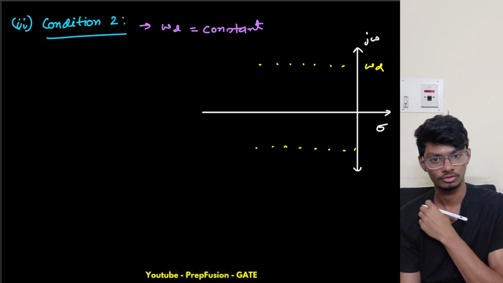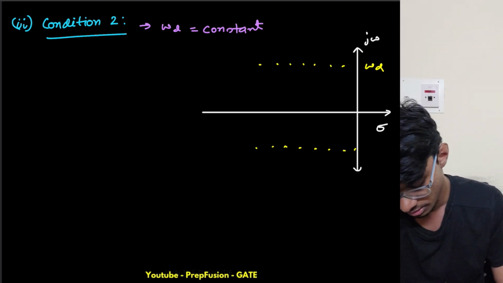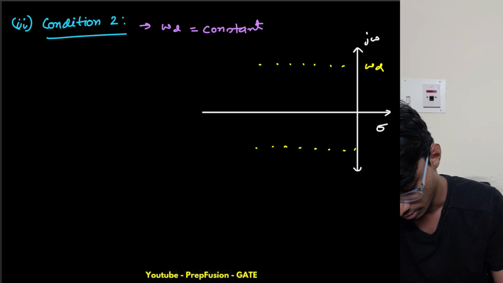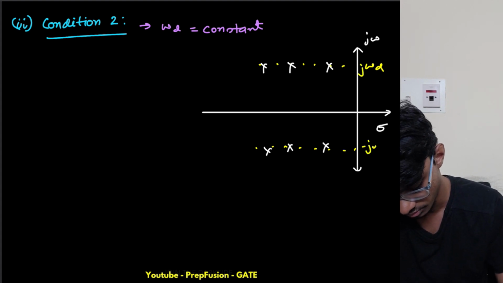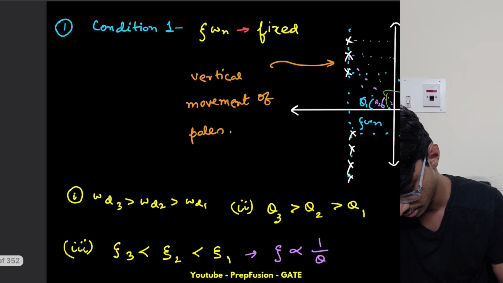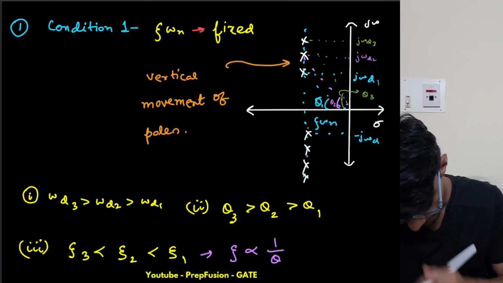According to that, theta will also vary. Let's see. Let's say I have poles up over here, and poles up over here, and poles up over here. This is actually j omega d, and this is also minus j omega d. Did I put the poles in the previous case? Yeah, I put the poles.